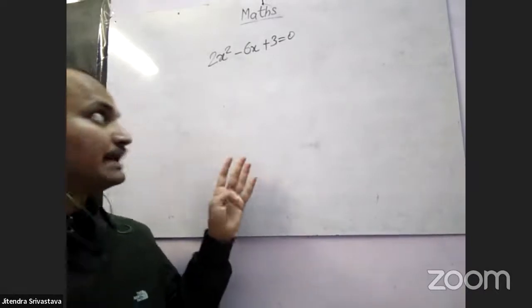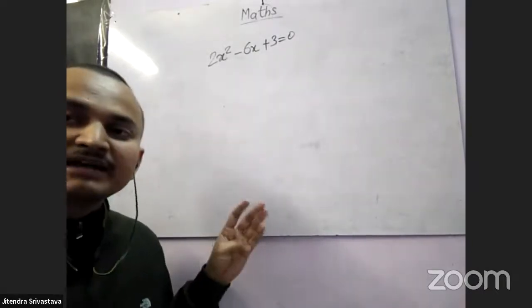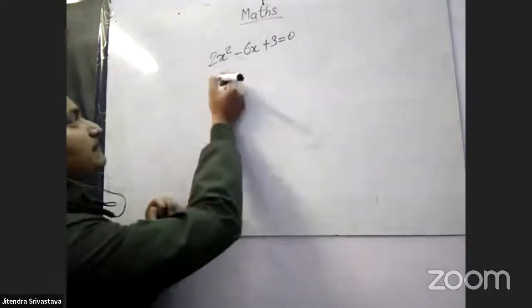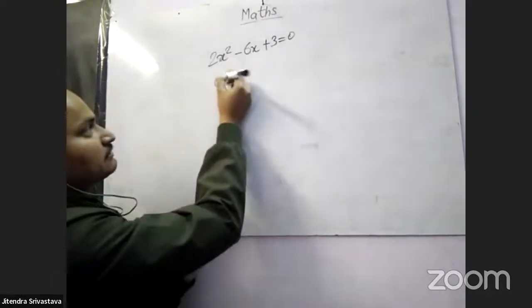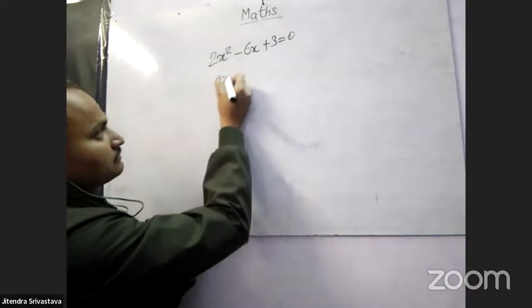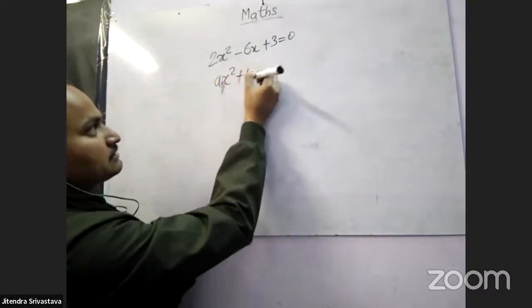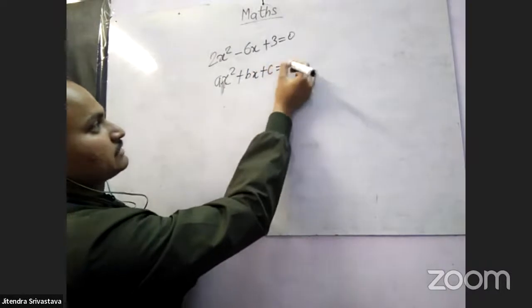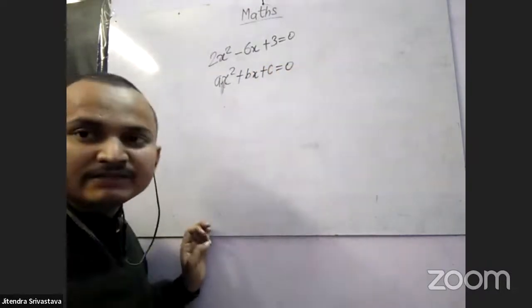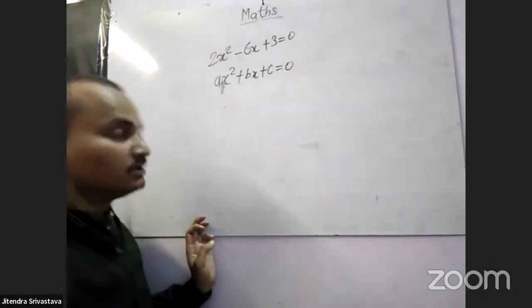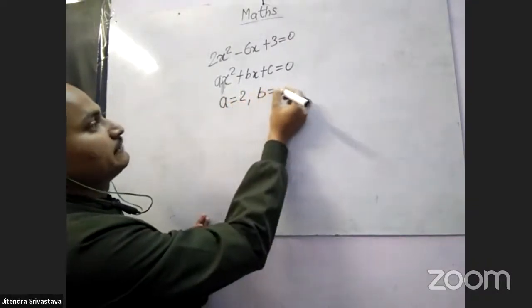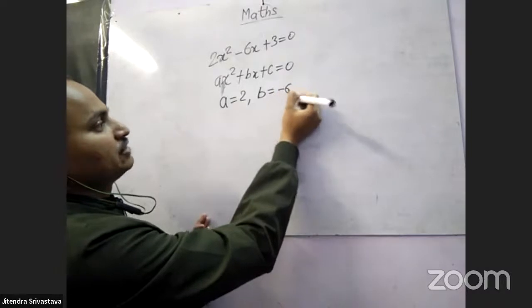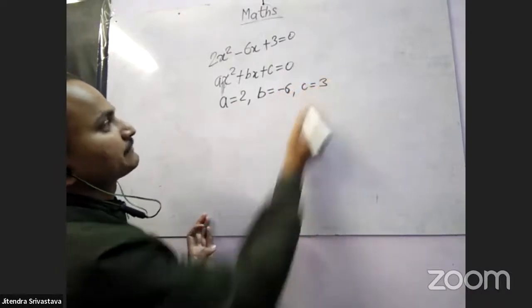We have to show that it has real roots and find the roots. Now we will compare it with the standard form of quadratic equation, which is ax square plus bx plus c equals 0. On comparing, the value of a will be 2, value of b will be minus 6, and value of c will be 3.